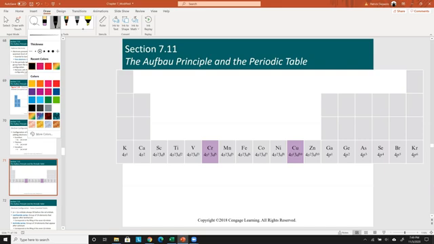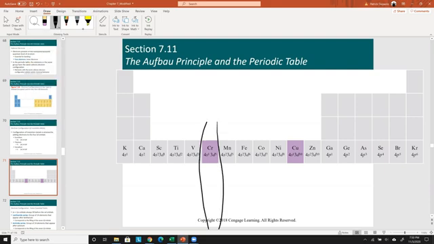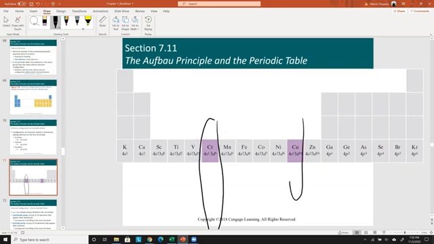So does everybody first understand what the exception is? Meaning, not the rules yet, I didn't go over that, or why.